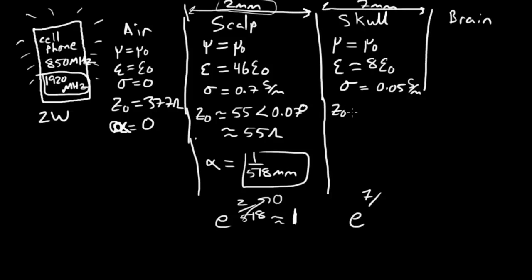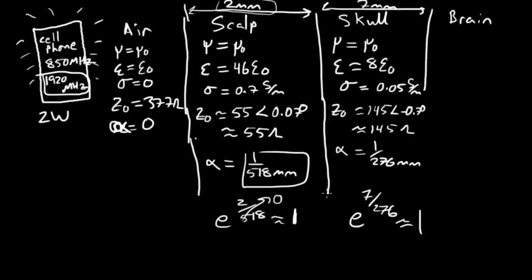The characteristic impedance is 145 at an angle of minus 0.7 degrees, which I'm just going to say is 145 ohms. The attenuation constant is 1 over 276 millimeters. So the quantity I wanted here was 276, and again, this is going to be approximately equal to 1.